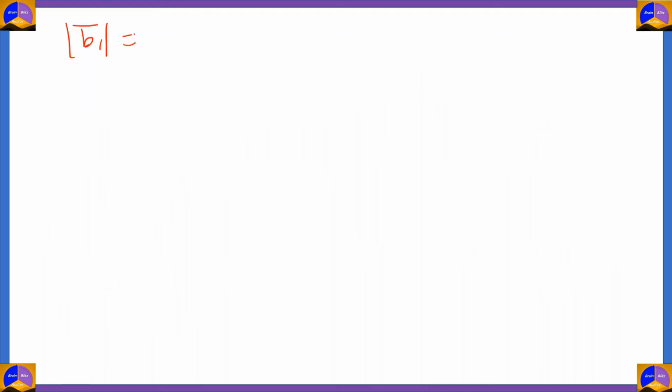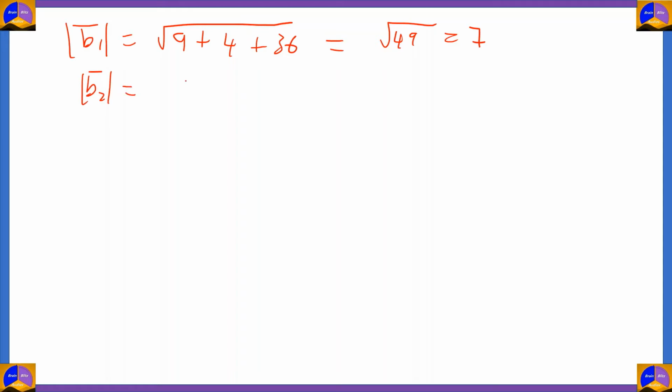Modulus of b1 will be root of 3 squared, 9, plus 2 squared, 4, plus 6 squared, 36, which is root 49, equal to 7. And modulus of b2 will be 1 squared, that's 1, plus 2 squared, that's 4, plus 2 squared, that's 4. So that will be root 9, which is equal to 3.